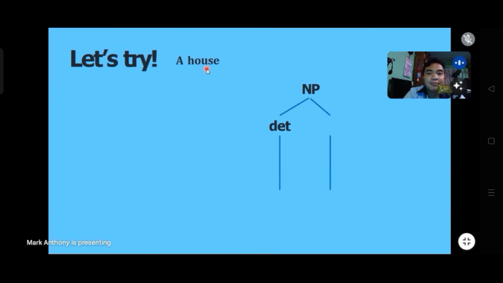Remember the rule. Of course, that would be the noun. And write it down. There we have it. So that is the second basic structure rule in our phrase structure.